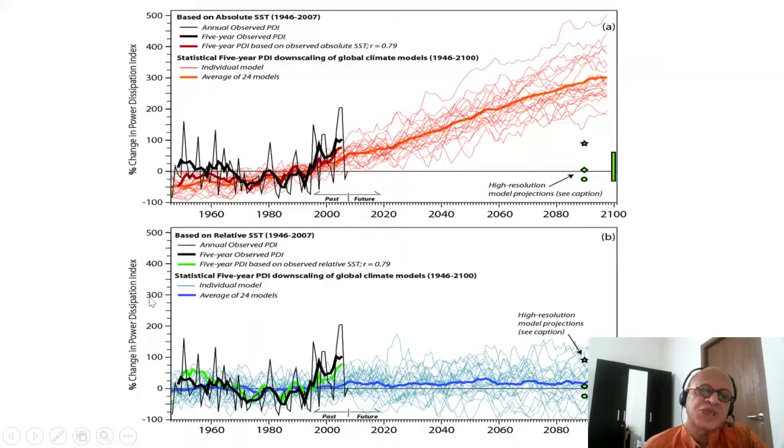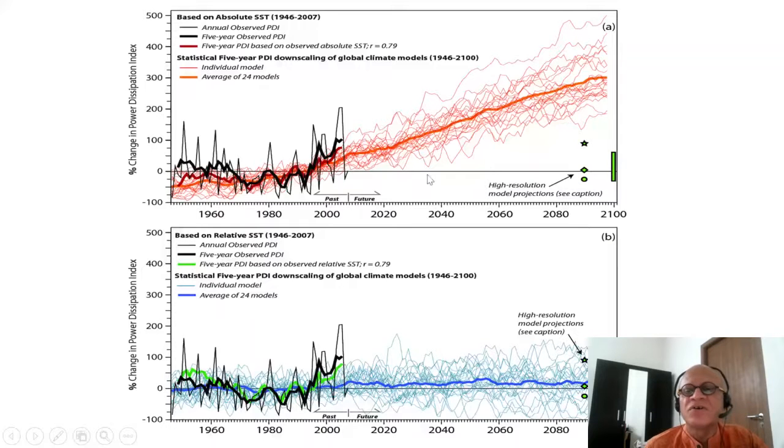So percentage change in power dissipation here based on relative SST. Again, annual observed PDI, 5-year observed PDI, 5-year PDI based on observed relative SST. The correlations are shown here as well. So you can see that 5-year PDI based on observed relative SST here versus the same thing here are remarkably different.